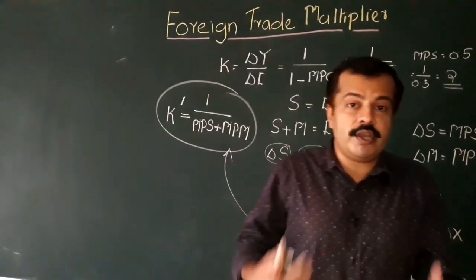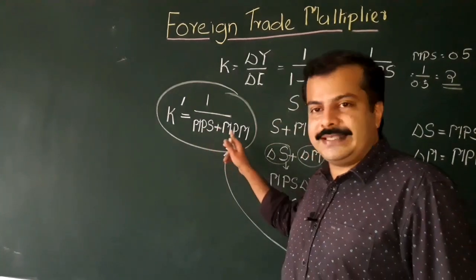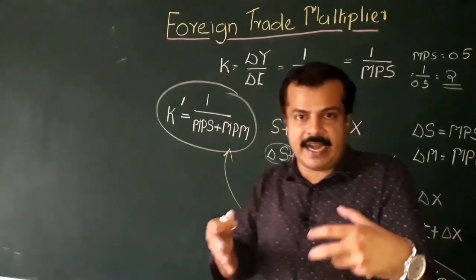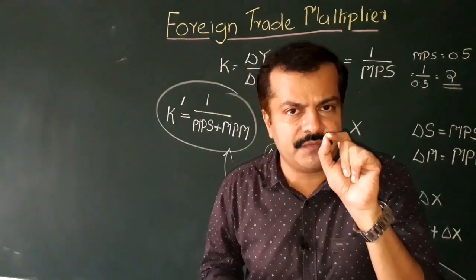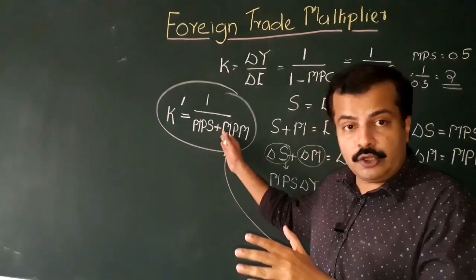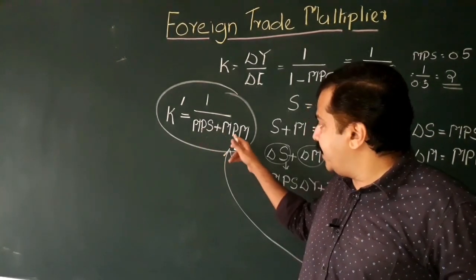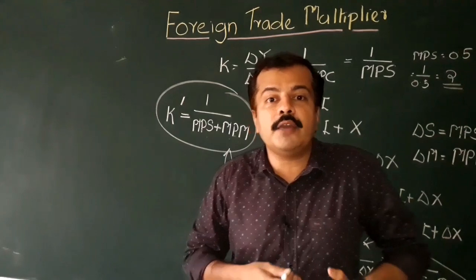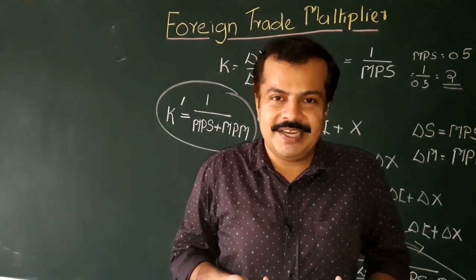So this is the foreign trade multiplier. Now, what does this equation say? This equation says that smaller is the leakages, since K dash, the foreign trade multiplier or the export multiplier, is the reciprocal of the two leakages. We can argue that smaller the leakages, that is MPS and MPM are smaller, then higher will be the value of the multiplier. Understood?